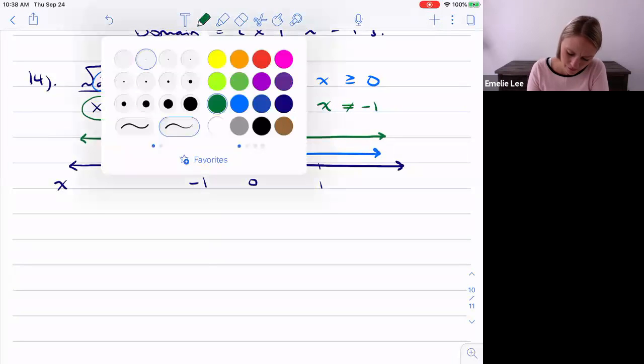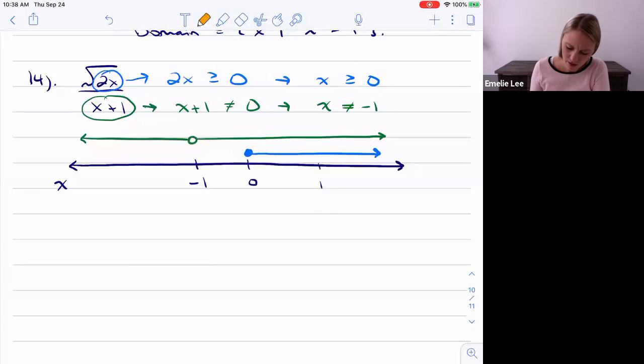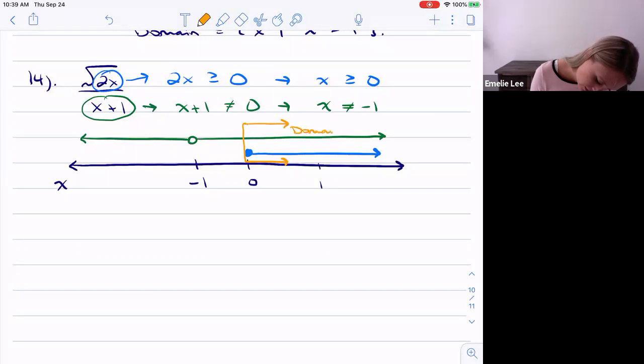Now, looking at this, the overall domain is going to be where there's overlap. So from 0, including 0, everything's a go to the right, moving in the positive direction. So the domain equals the overlap.